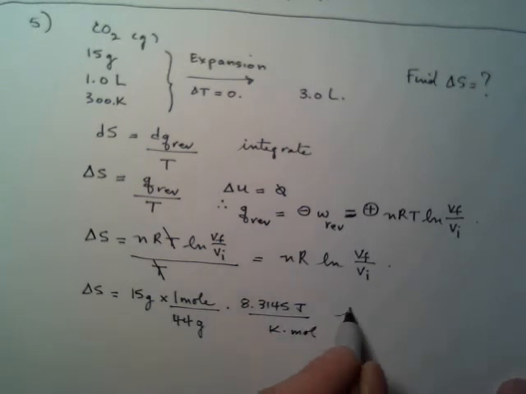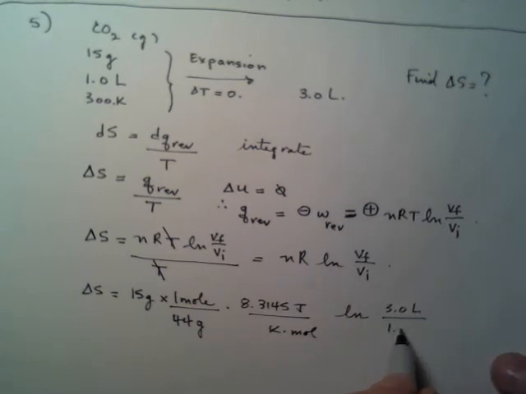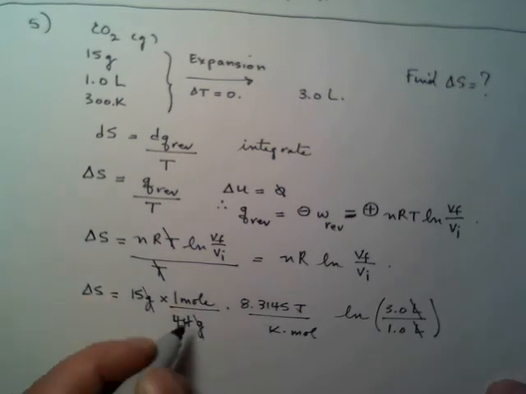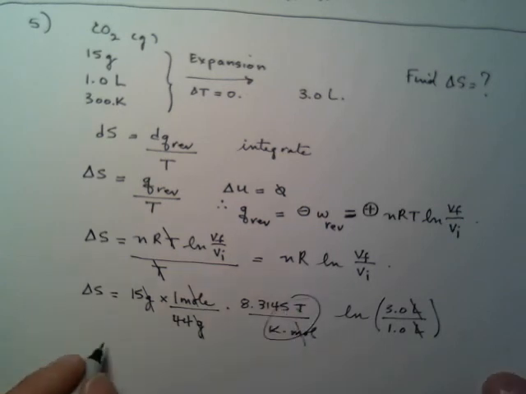And then I have the ln of V final over V initial, and that's basically the ln of 3, because it's 3.0 liters over 1.0 liters. Make sure you cross those out because we can only take the ln of the number. And I'm going to cross out my units here, and I see that my units are joule per Kelvin.